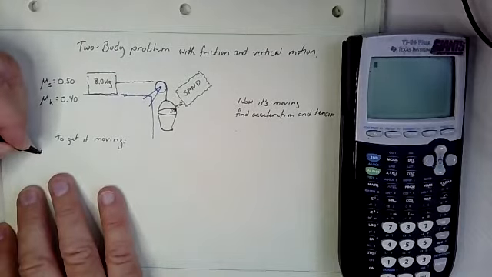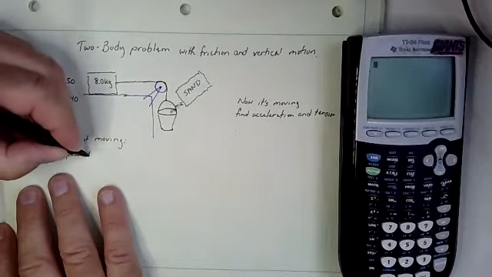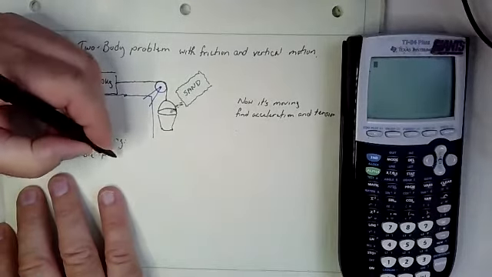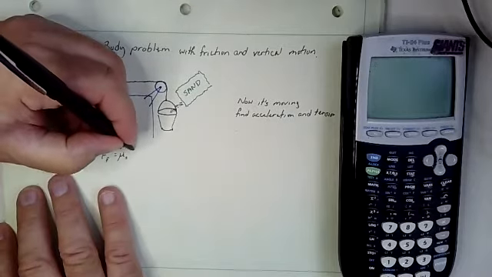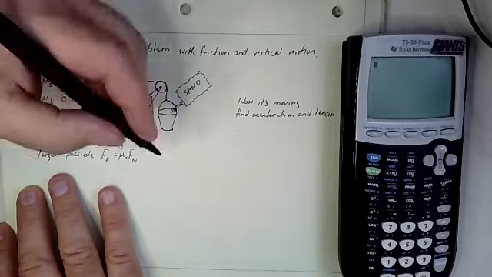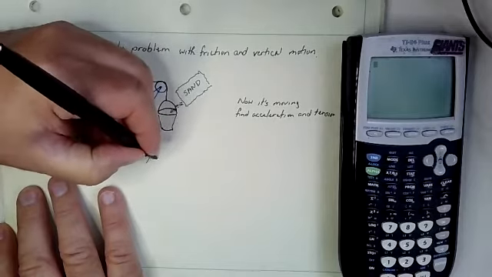So the largest possible force of friction is equal to the coefficient of static friction times the normal force. And on a level surface, the normal force is just equal to the weight.